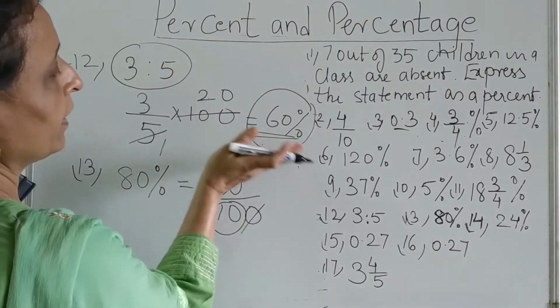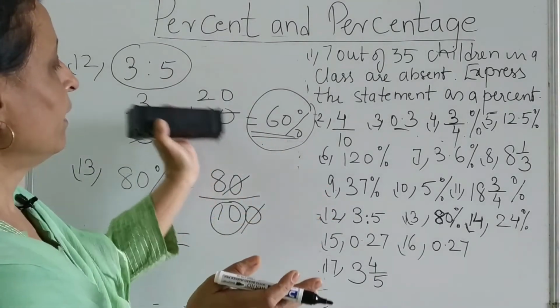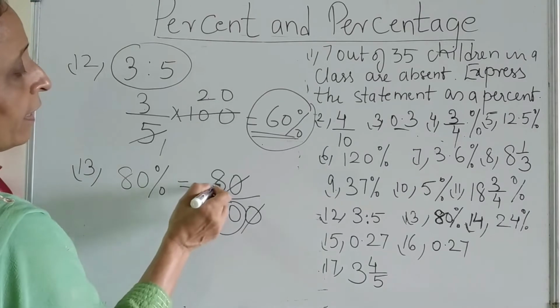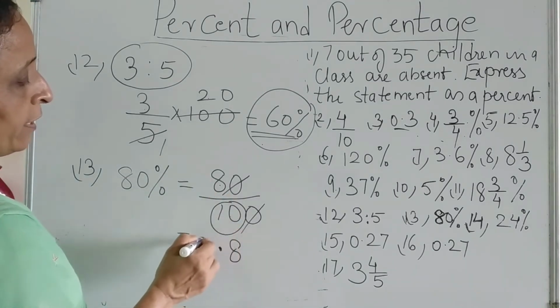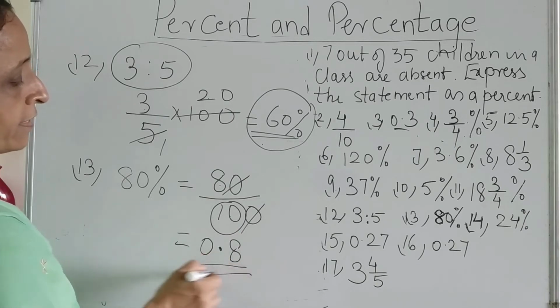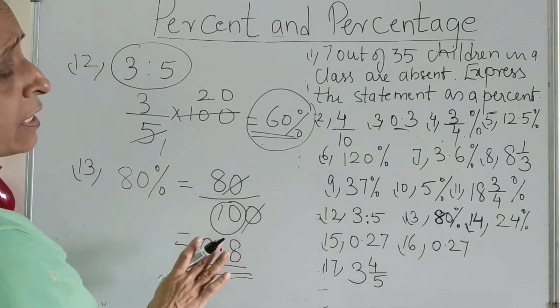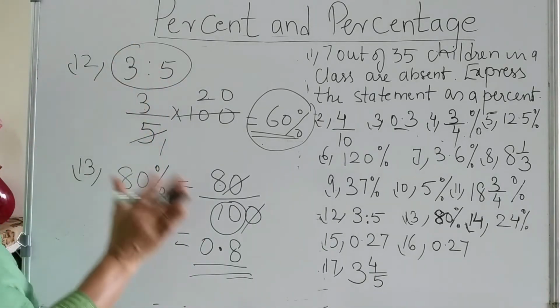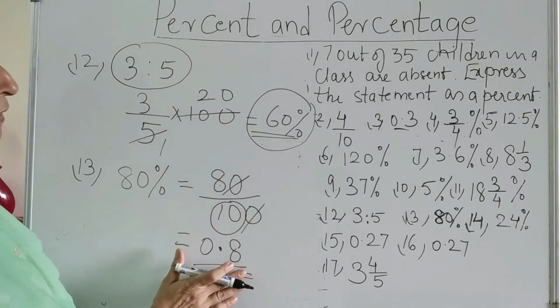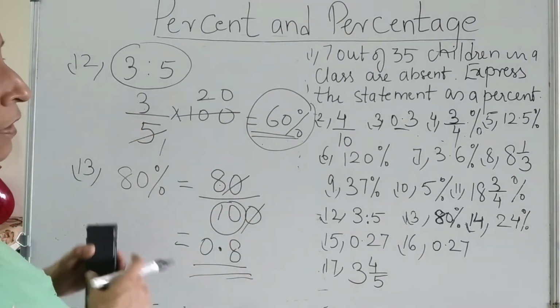Right when it is multiplied, left when it is divided. 8 is divided by 10, so it comes to 0.8. This is the decimal of 80%.